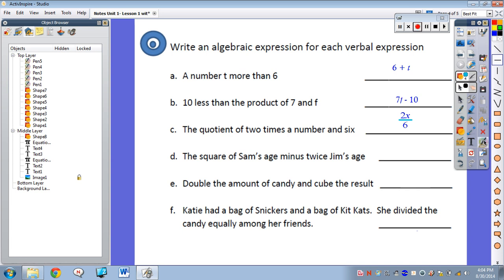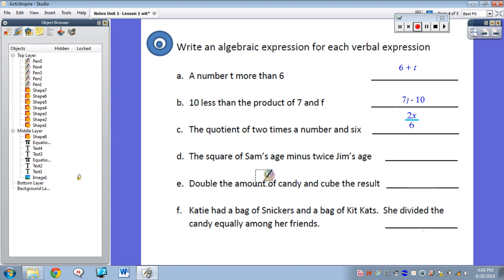All right, D, the square of Sam's age minus twice Jim's age. So minus, we know, is subtraction. The square of Sam's age. So we're taking whatever Sam's age is and we're raising that to the second power. That's what you do when you square something.